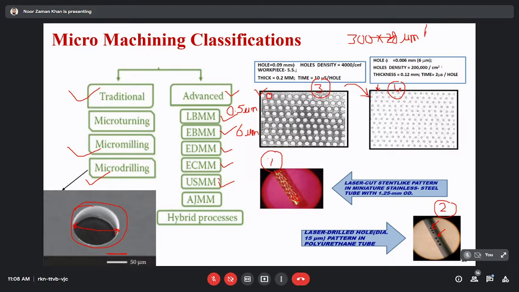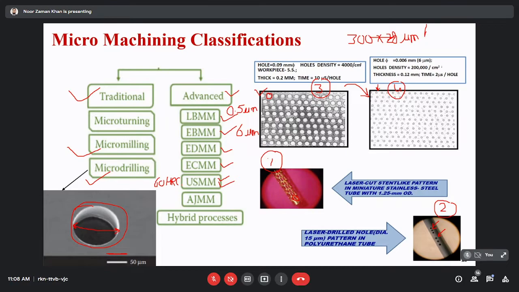If you want to machine hard and brittle material, whether conducting or non-conducting, you can go for ultrasonic micromachining process with a tolerance of around plus minus 7 micrometer. And the best machining rate can be obtained on materials harder than 60 HRC. If a material has hardness of more than 60 HRC, then you can get very optimized material removal rate and productivity by using this process.